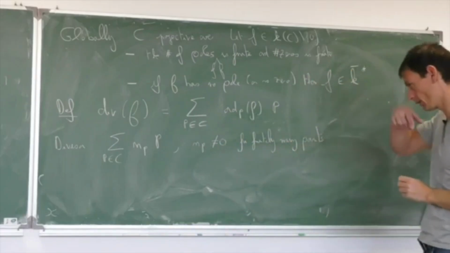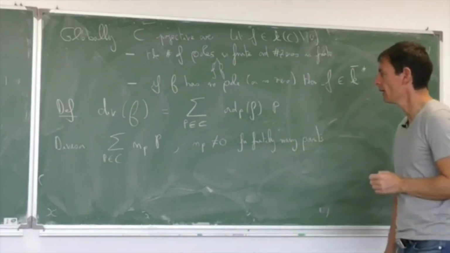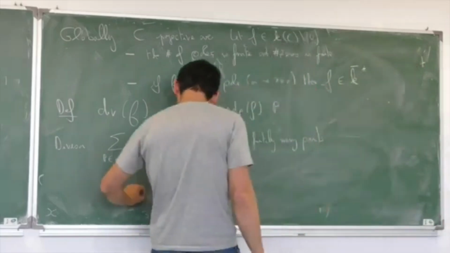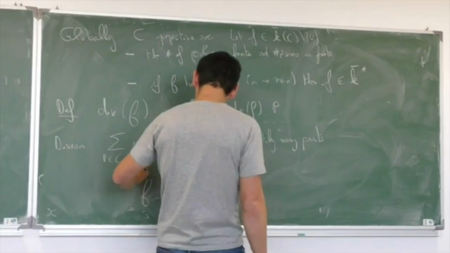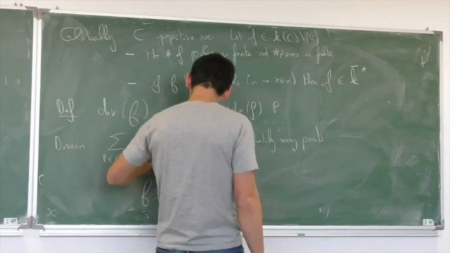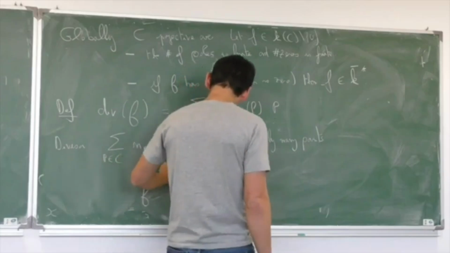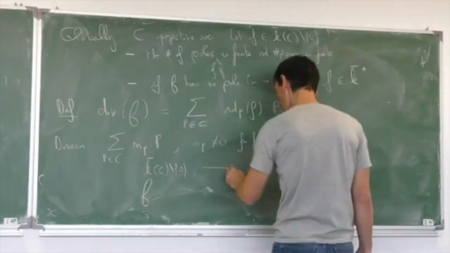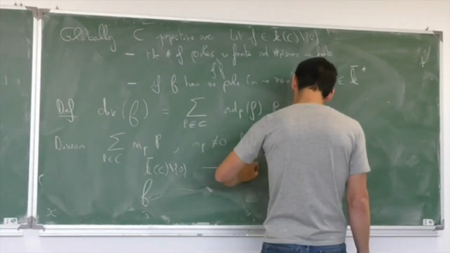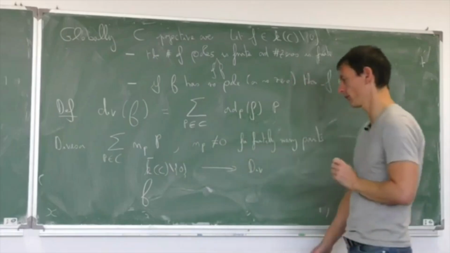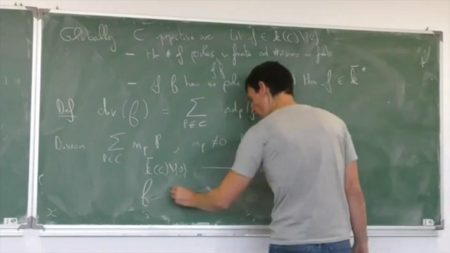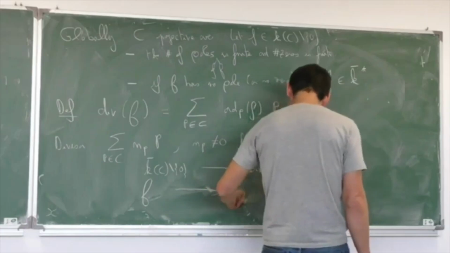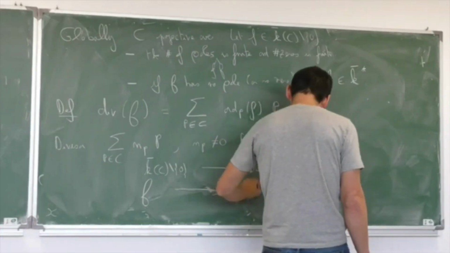So this is a divisor. And what we have just said is that there is a map from the function field of the curve to the set of divisors, which maps F to the divisor of F.